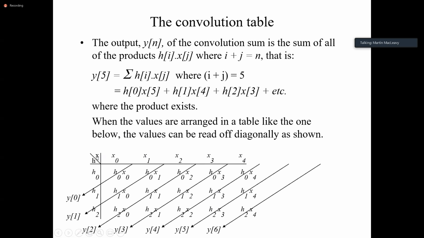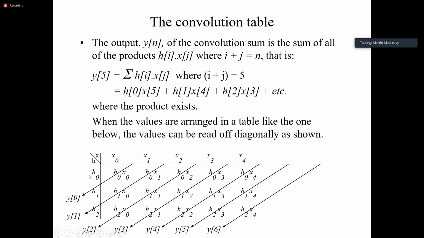And then in the rows, at the head of the row is going to be your h values. If these are the x, these would be the h. So you put in your h values. Let's say 9, minus 3, 7. You put them in there.